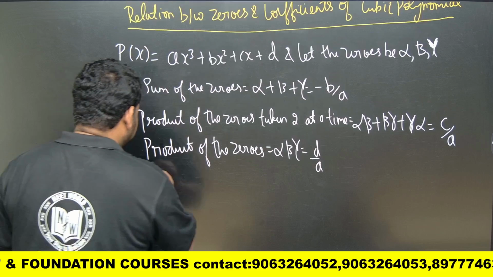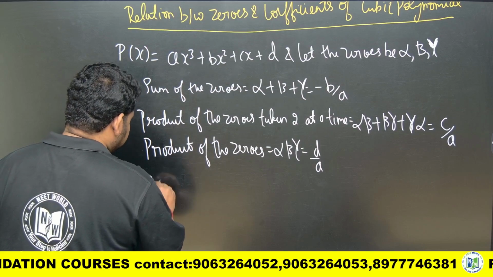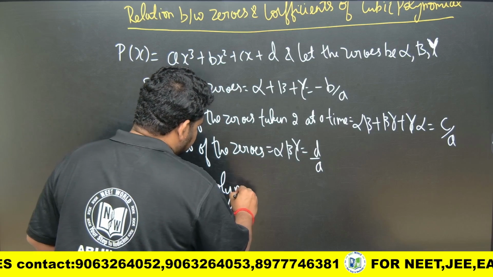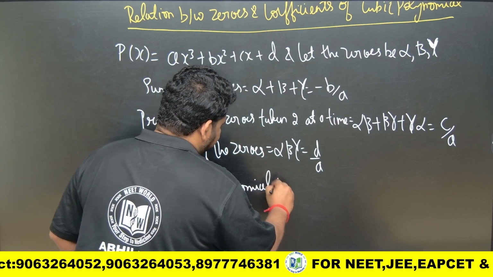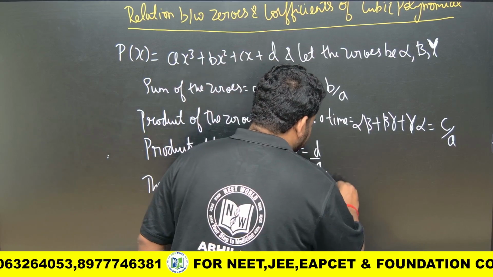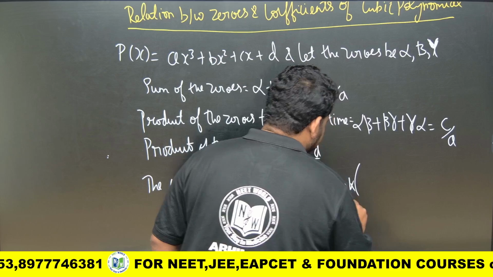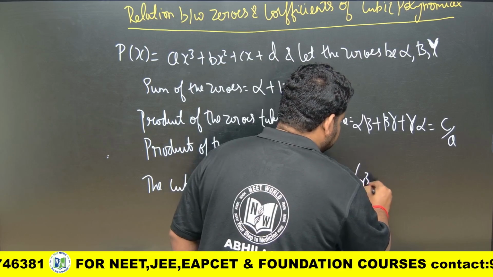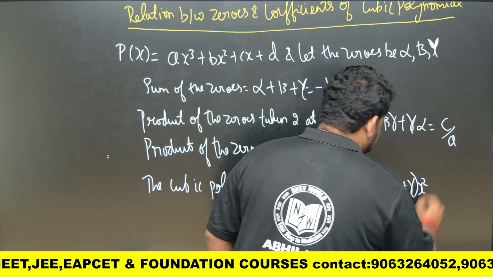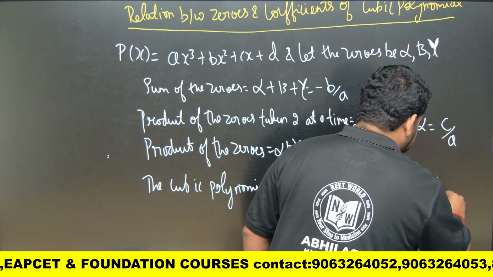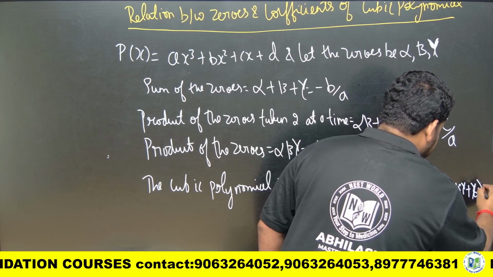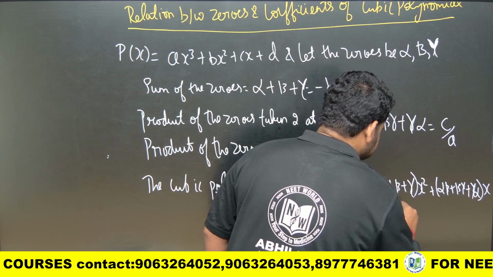The required cubic polynomial can be written in the form k into x cube minus alpha plus beta plus gamma into x square plus alpha beta plus beta gamma plus gamma alpha into x minus alpha beta gamma, where k is some constant.